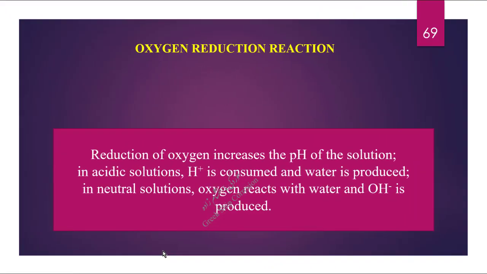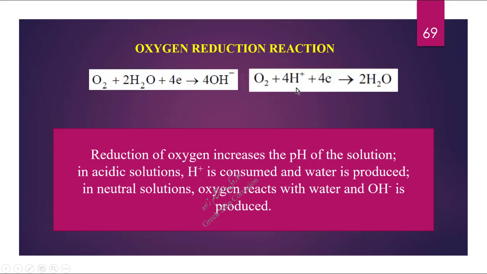Oxygen reduction reaction. Reduction of oxygen increases the pH of the solution. In acidic solutions, H+ is consumed and water is produced. Here, oxygen is reduced in acidic solution and water is produced. In neutral solutions, oxygen reacts with water and OH- is produced.